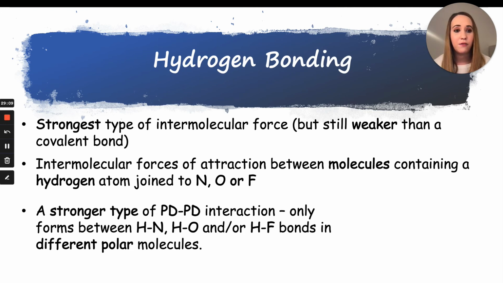But if it does have those specific bonds, then you get this stronger type of PD interaction called hydrogen bonding forming. And that would then overtake the PD, so hydrogen bonding would be the force that you would be talking about when you think about the properties of that substance.